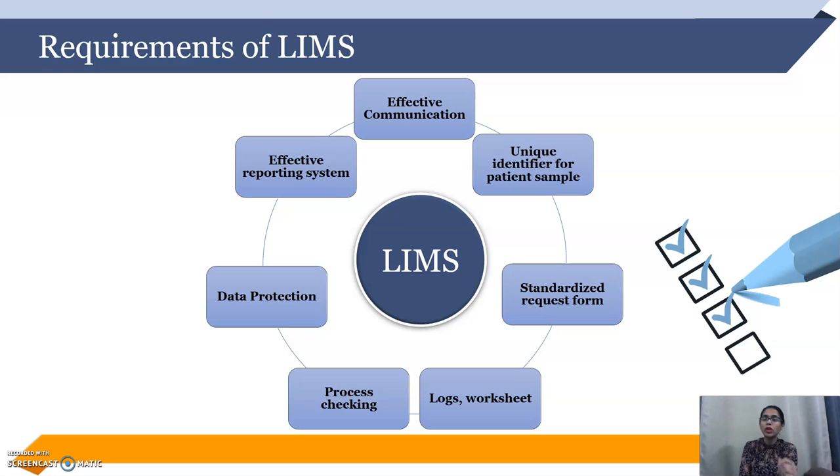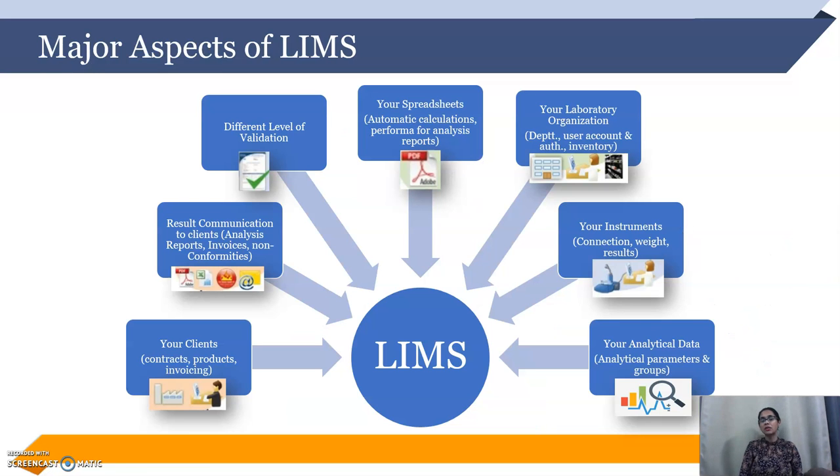I'll move ahead to the next slide now, which is the major aspects we have in LIMS. So here you can see the different elements we have in LIMS which work together to make it a success or a platform. We can start from my bottom right. Here you can see the analytical data which is being generated.